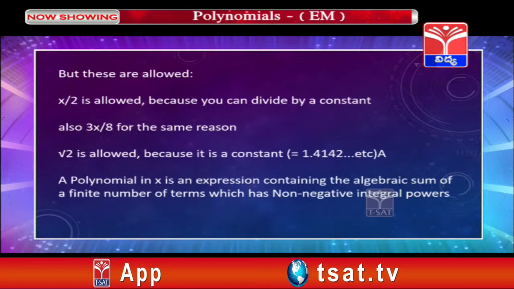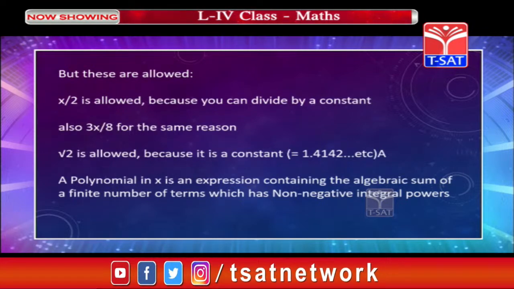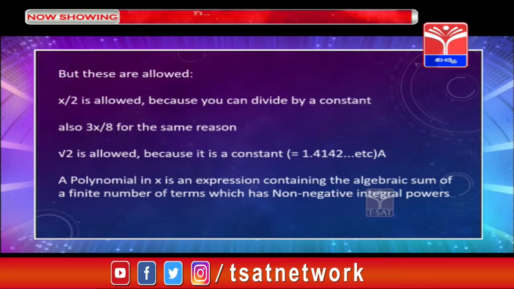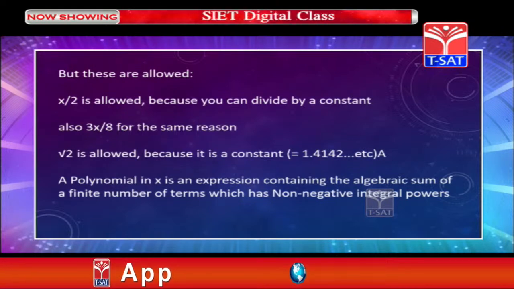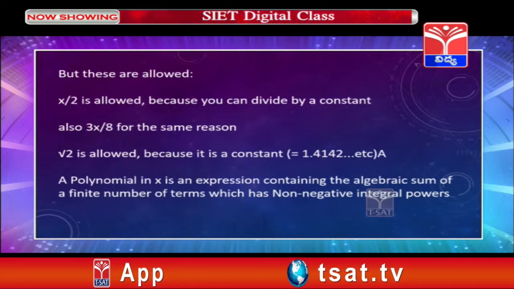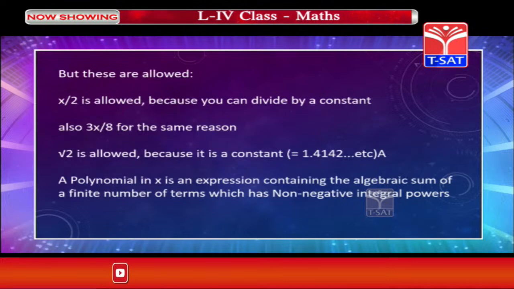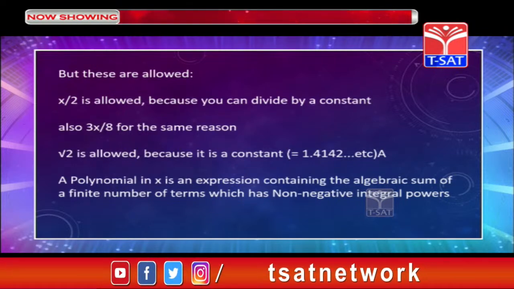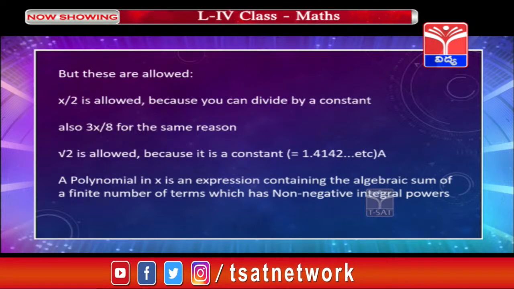So, x is the numerator, you have 2 in the denominator. 2 is a constant, a numerical, you can divide by it, it is allowed. 3x by 8 is allowed for the same reason, and root 2 is allowed. The previous one, root x, is not a polynomial, but root 2 is allowed because root 2 is a constant, as you know the value of root 2 is 1.414 and so on, because it is an irrational number.